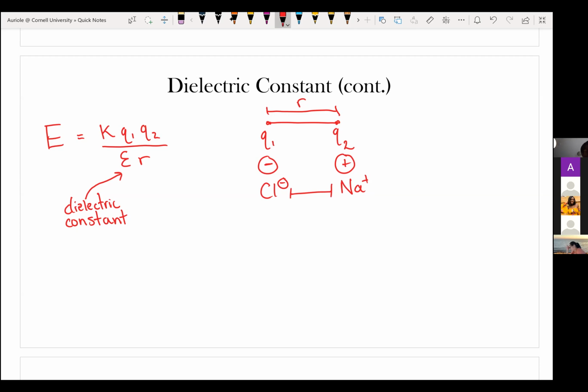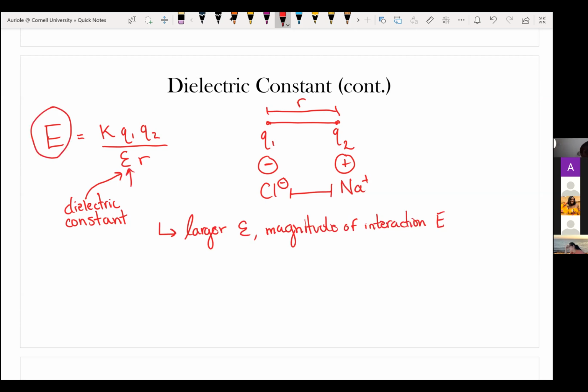That brings us to an important point, which is that the larger this dielectric constant is, the magnitude of interaction, this magnitude of E, is small. As we increase that number, this is going to decrease in magnitude.